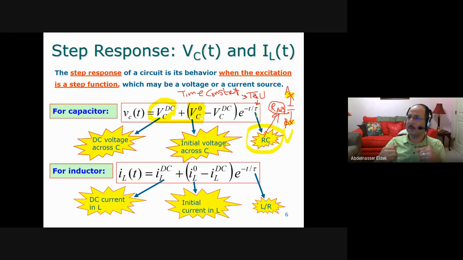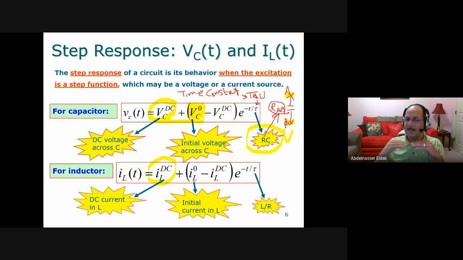For the inductor, it is very similar, but the inductor stores current, not voltage, so the relation will be for the current. So instead of voltage, you have current. For the inductor, the current equals ILDC. This is the first term here, ILDC. What is ILDC?